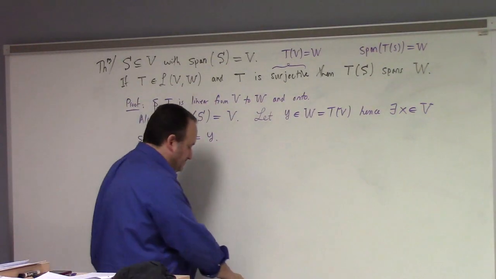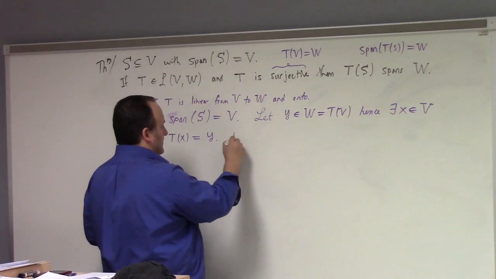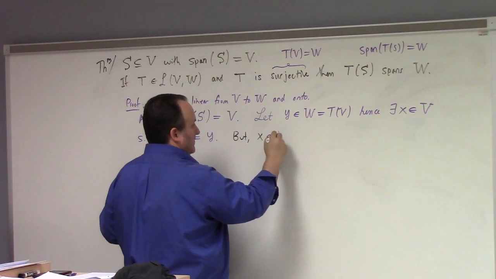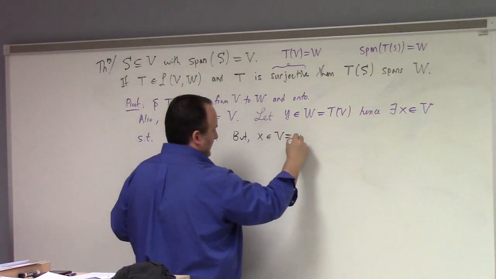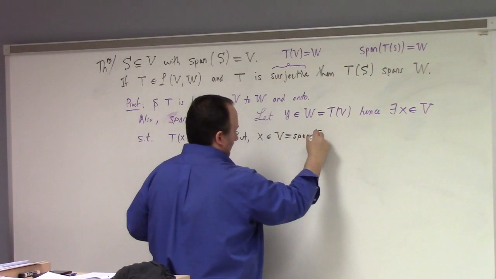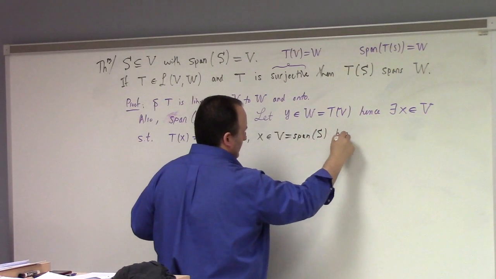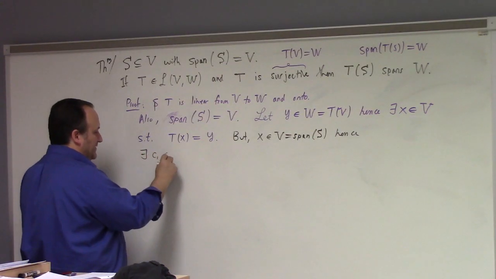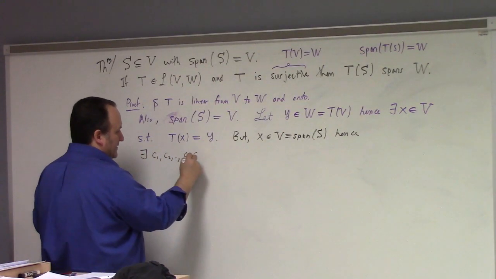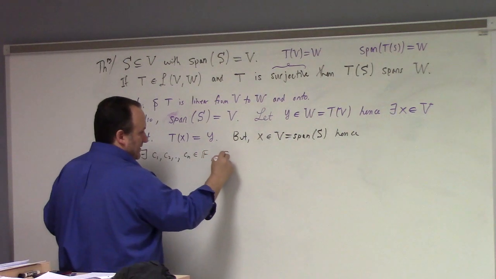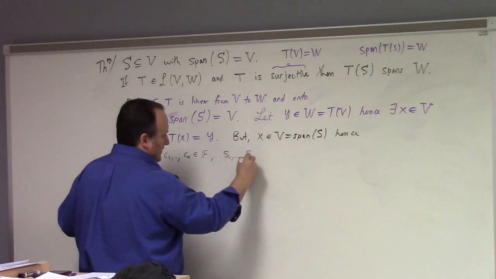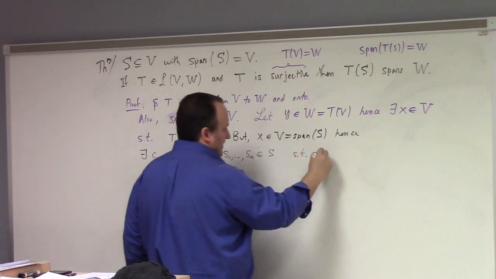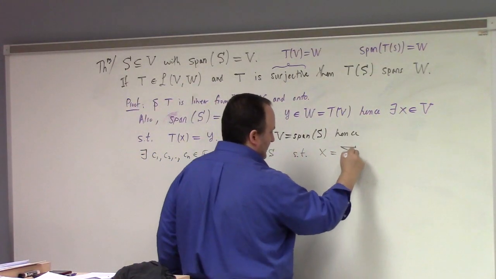But what else? But x is an element of V, which is the span of S, right? Hence, there exist c1, c2, through cn in the field, and let's say s1 through sn in S, such that x is the linear combination of the s's.